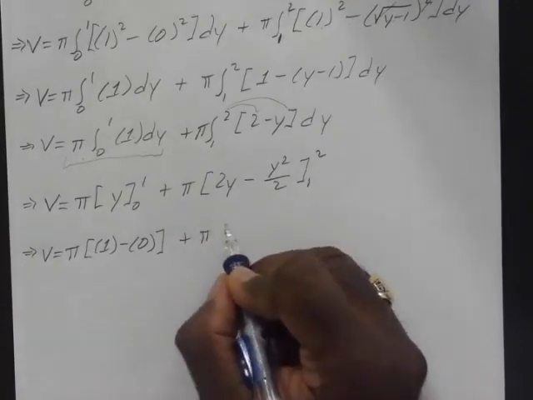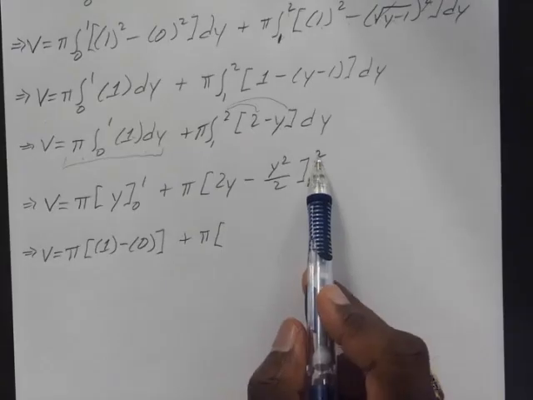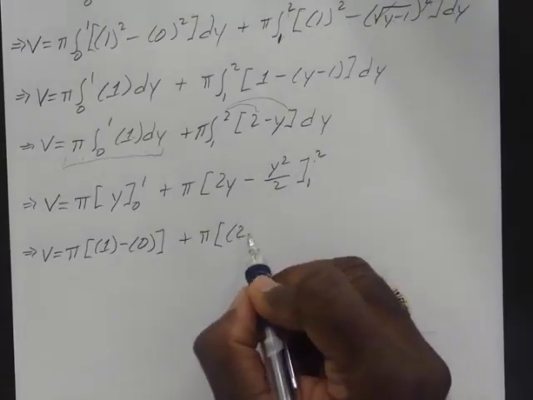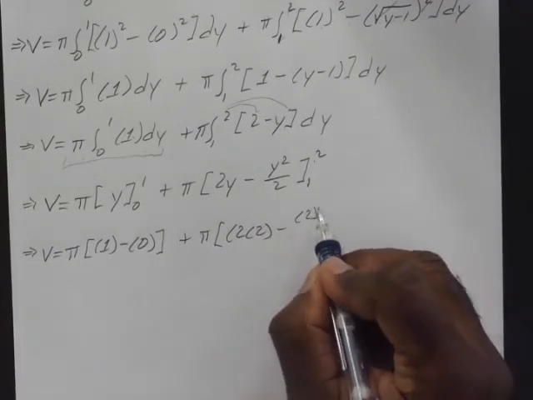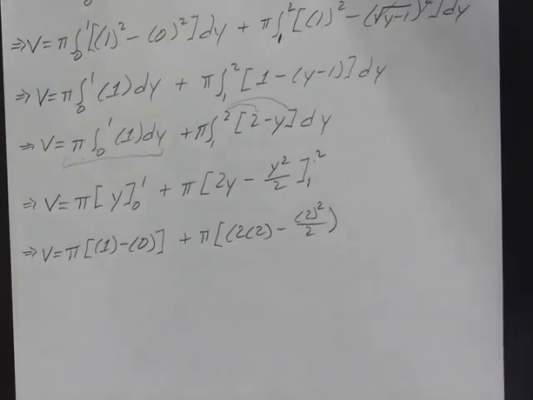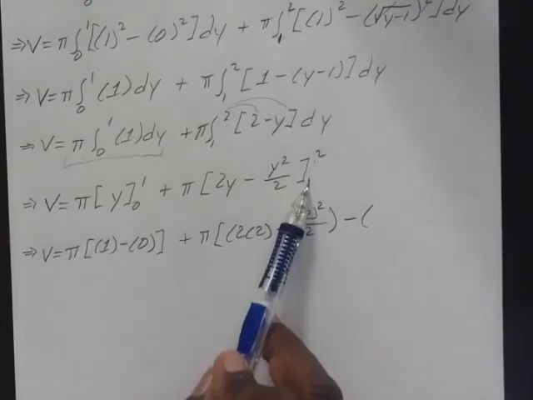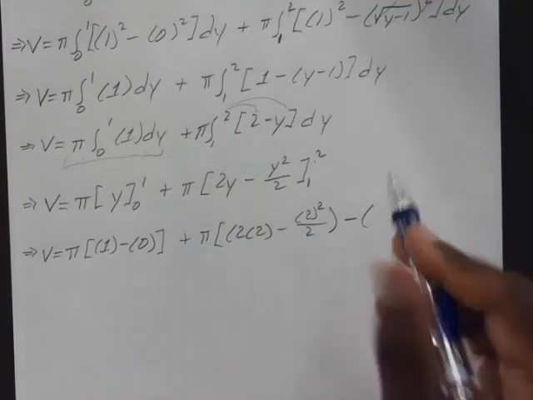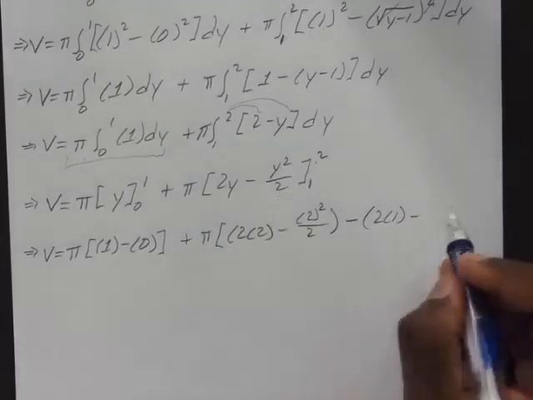Plus pi times, now for this term we plug in our upper bound. So that gives us 2 times 2 minus 2 squared divided by 2. Minus, now we plug in our lower bound, so that's 2 times 1 minus 1 squared divided by 2.